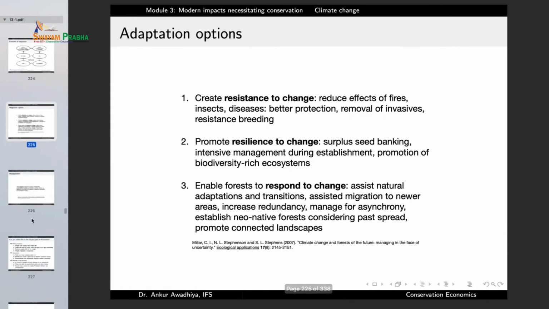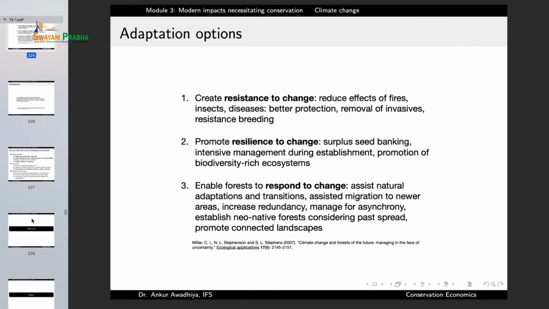Now, in the case of adaptation, we have got these three options: create resistance to change, resilience to change, or response to change. So resistance to change means that you create such conditions that the systems are able to resist the impacts of the climate change.